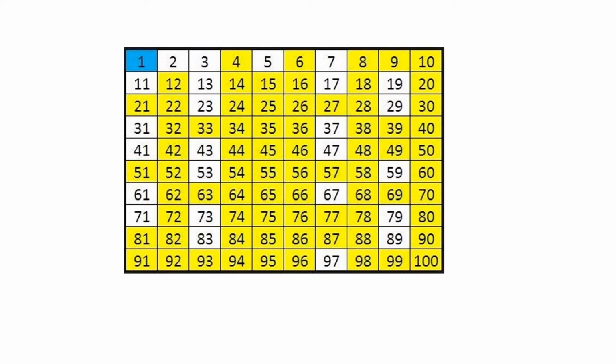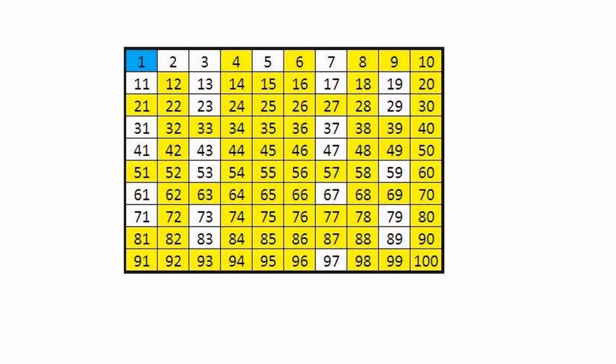Right. Now what are these highlighted in yellow color? Those are composite numbers. That means the numbers which have more than 2 factors. Why have I colored number 1 in blue color?